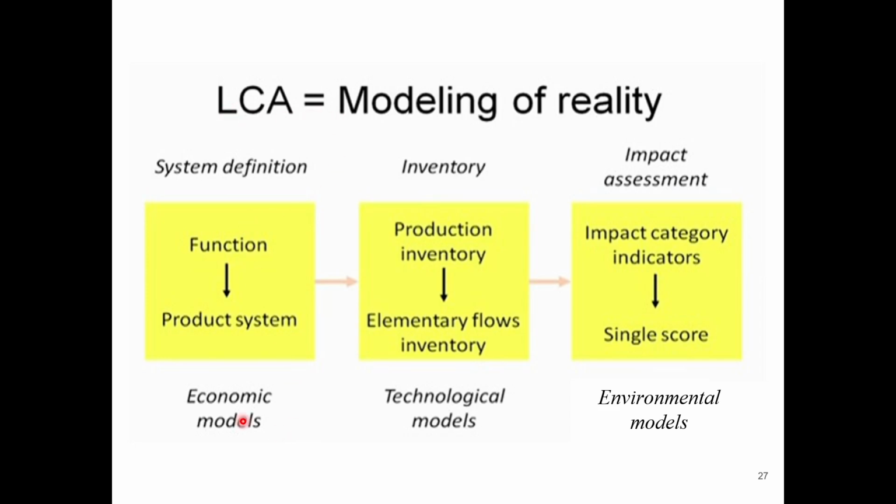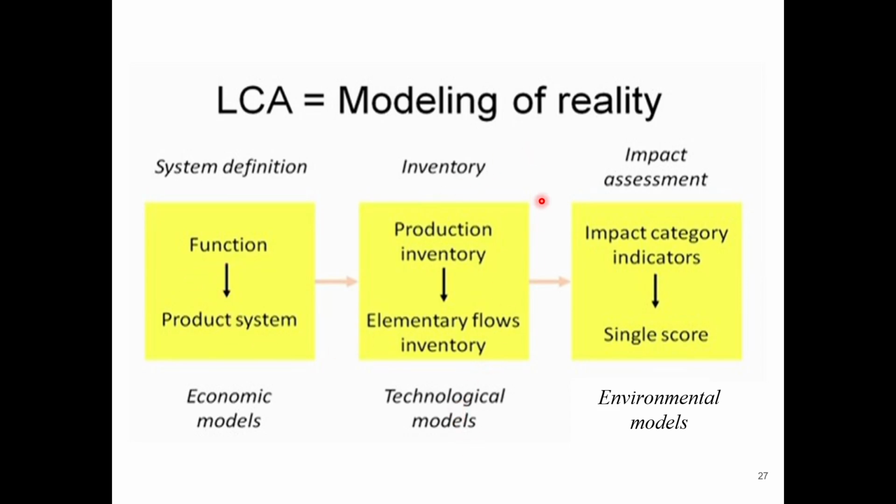There are three types of models: economic models, technological models, and environmental models. The economic model is basically the system definition, the function and the product system, the processes involved and the hierarchy of those processes. So that comes in the system definition, from function to product system.